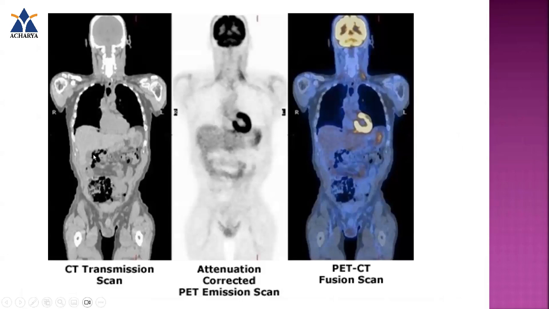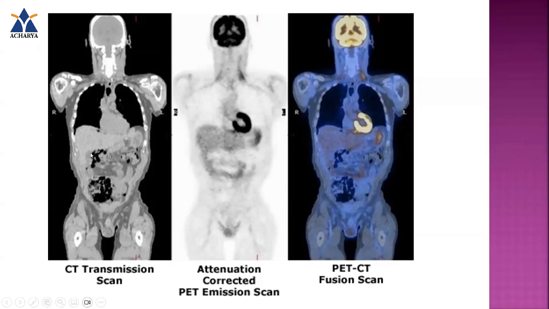This is the CT transmission scan. Why is it called a transmission scan? Because in CT, we use X-rays that penetrate the body part and reach us. And this is the attenuation corrected PET emission scan.